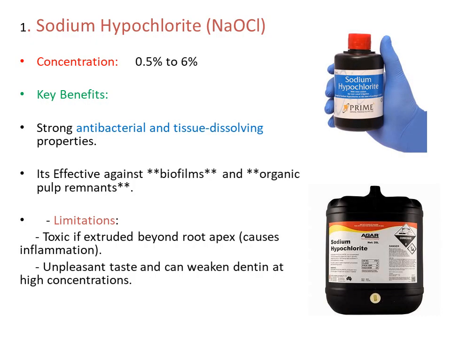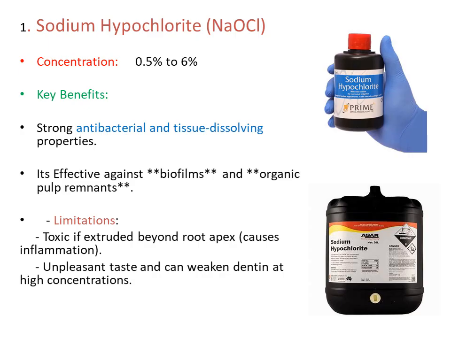The first irrigant we commonly use is sodium hypochlorite. Let's discuss its concentration. It's normally 0.5 to 6% which is commonly used for root canal purposes. The key benefits we get from sodium hypochlorite are: it is a strong antibacterial as well as tissue dissolving reagent.